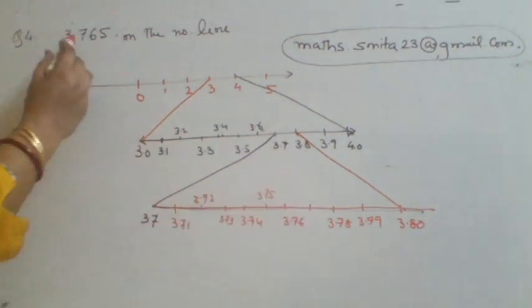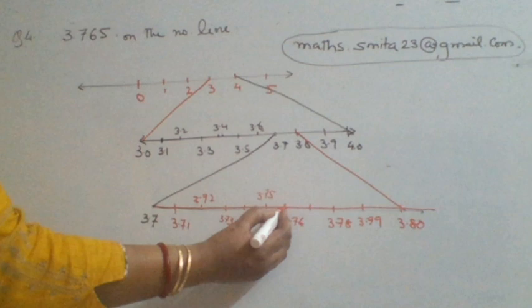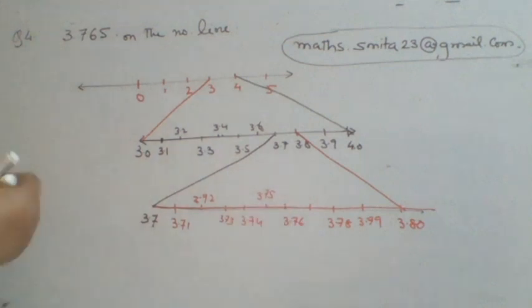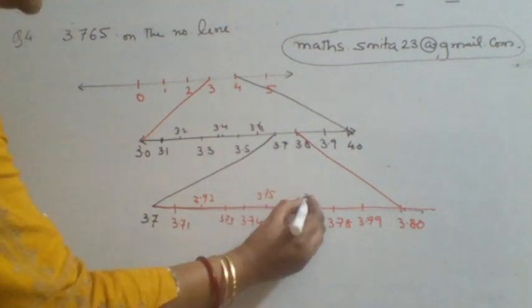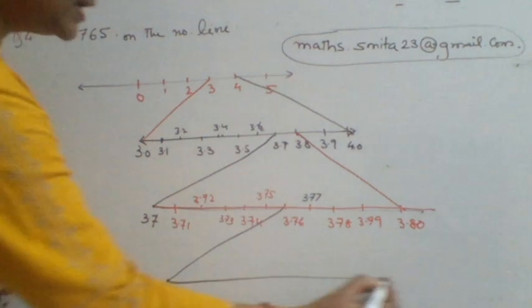Now this is 3.765. So you reach here 3.76. This point is in between 3.76 and 3.77. Now again the line is drawn.